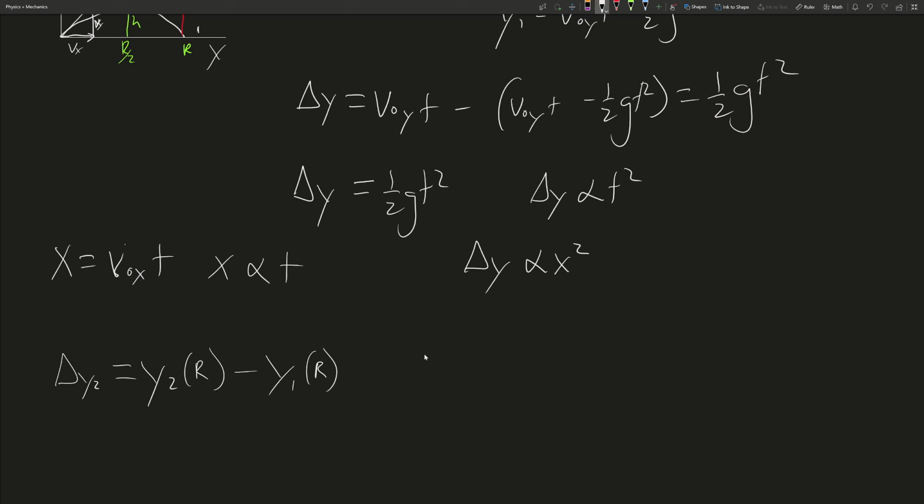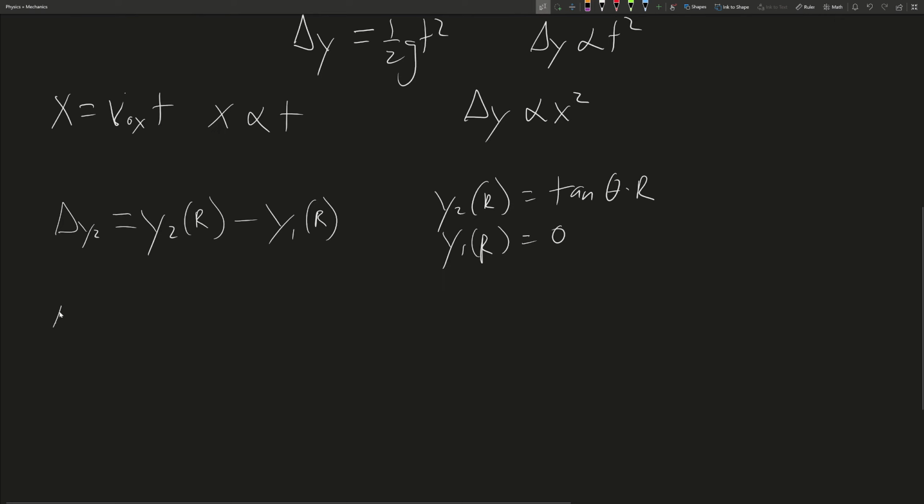So y2 of r is equal to tangent theta times r, and y1 of r is equal to 0. As we can see, when it travels r, its height is 0. So that means that this difference in y2 is equal to tangent theta times r, because this term is just 0, so it just doesn't factor into it.